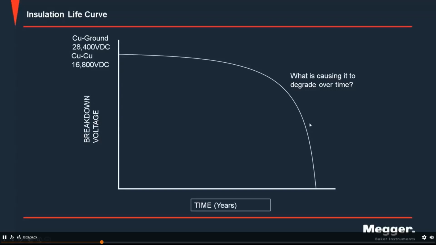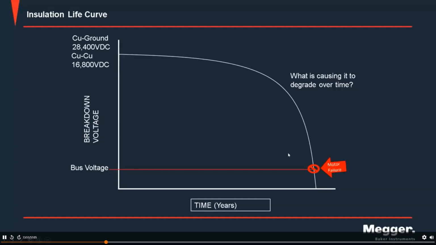But what ends up happening, of course, is as the insulation breakdown voltage goes down, eventually it's going to arrive at bus voltage. And when the insulation can no longer withstand bus voltage, and that's where we're doing our Megger testing, right? When it falls below that level, that's where motor failure occurs. That's when the phones start ringing and we start going to the warehouse looking for replacement motors.